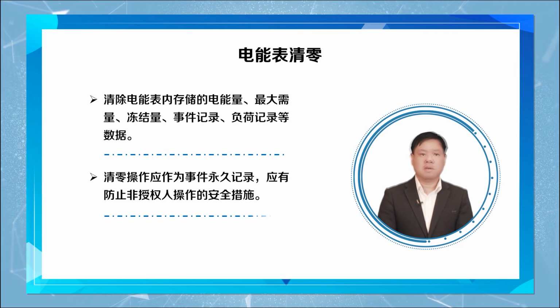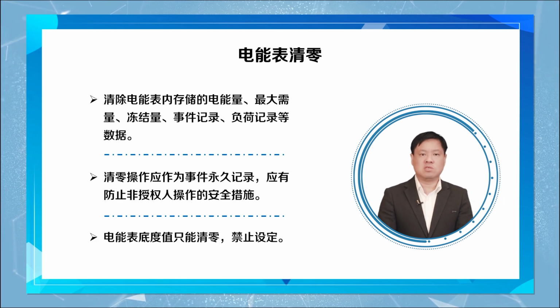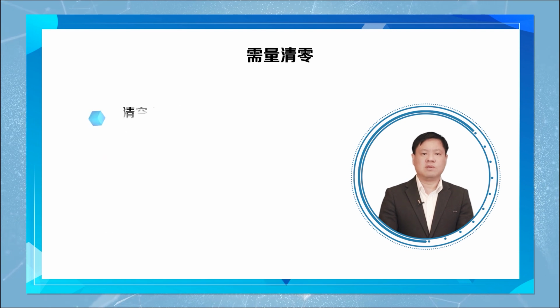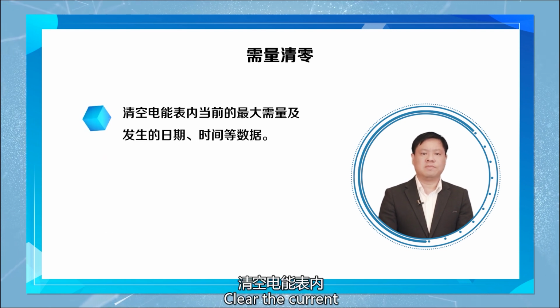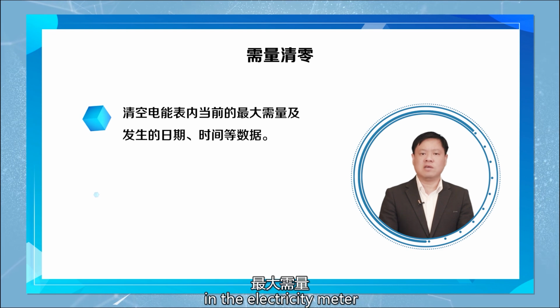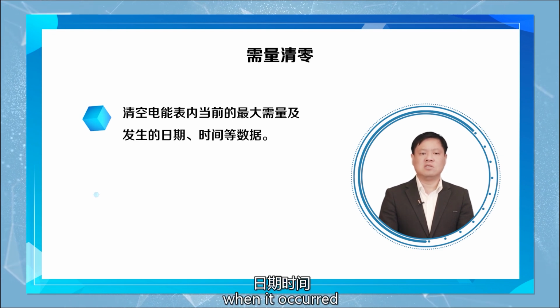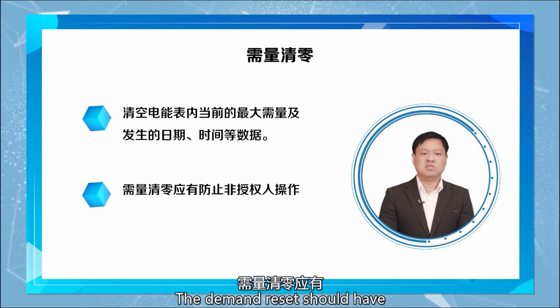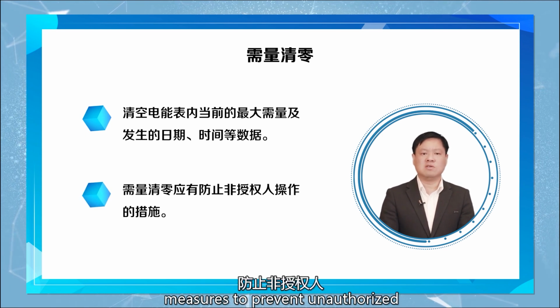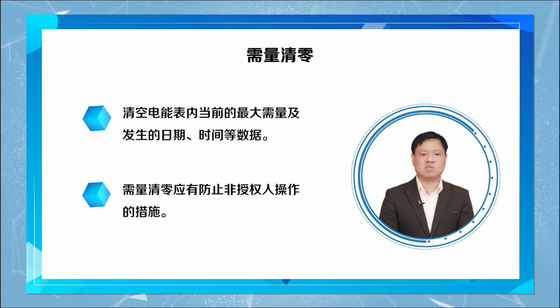Demand reset clears the current maximum demand in the electricity meter, the time when it occurred, and other data. The demand reset should also have measures to prevent unauthorized operations.